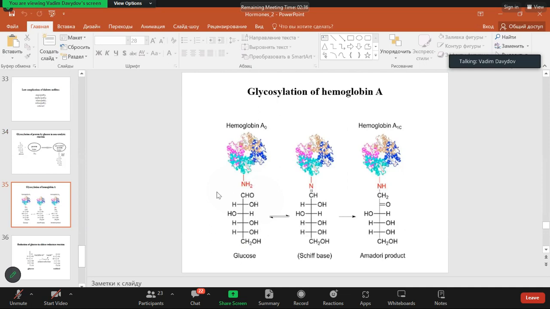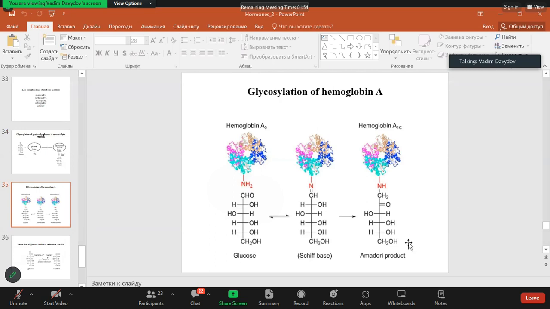When the concentration of glucose in the blood sharply increases, in the same manner hemoglobin undergoes glycosylation, resulting in a specific fraction of hemoglobin, so-called glycosylated hemoglobin or glycated hemoglobin, other name hemoglobin A1C, its acronym. And this kind of hemoglobin changes its properties, so it cannot effectively take part in the transport of oxygen in the red blood cell.